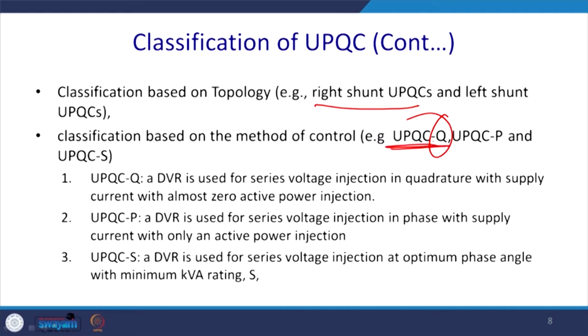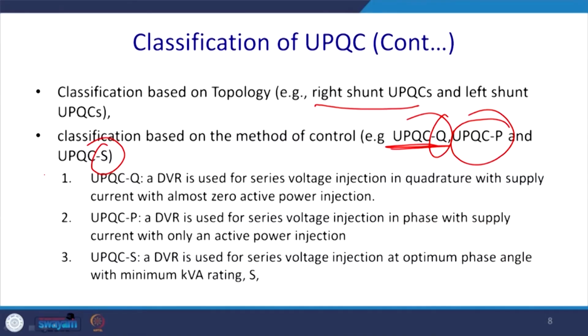Then it is UPQC Q. It will inject the voltage 90 degrees to the supply voltage, so that it does not take any real power. For this reason, the real power handling capability of this device is least. In the same way we can have UPQC P that only compensates the real power, it injects the voltage in phase.